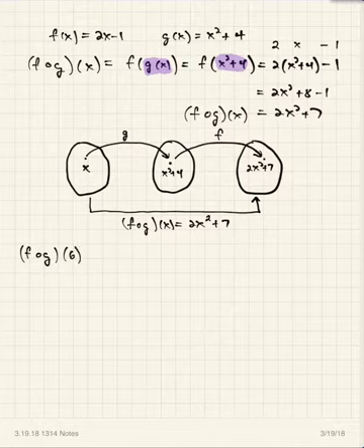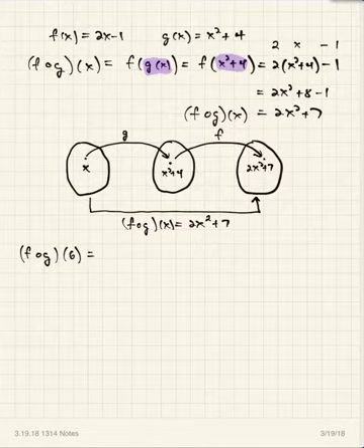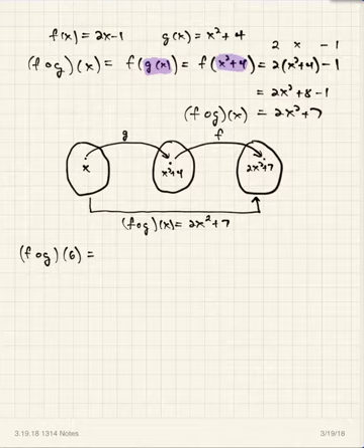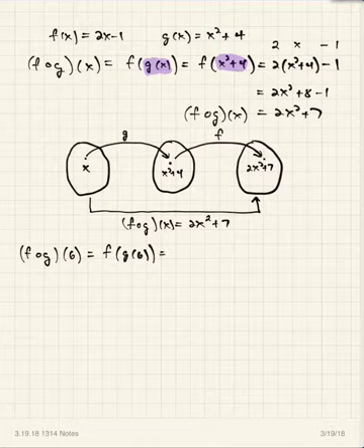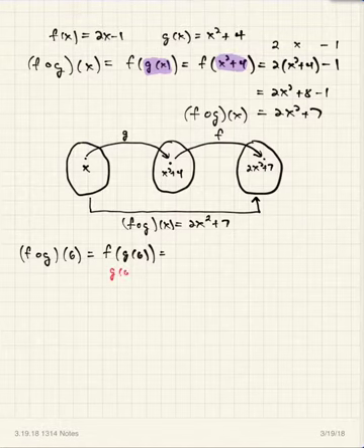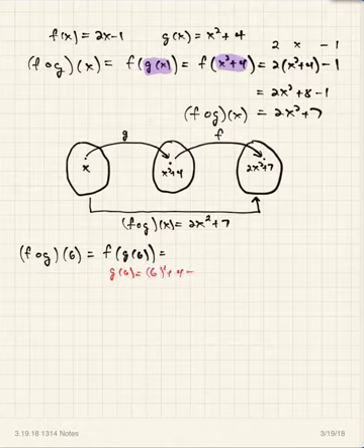Well, you now have two ways to evaluate that. One way would be the way we were talking about in the previous screen, or the way the pictures are drawn out here, where you operate with one function and then the other function. So this would be f of g of 6, like that. And then you'd evaluate g of 6, right? G of 6 here is 6 squared plus 4, or 36 plus 4, or 40.